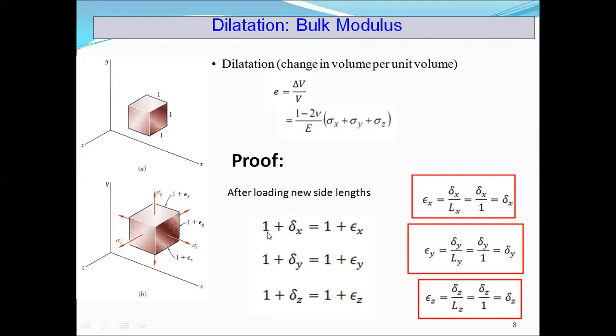So we could write 1 plus delta x is equal to 1 plus epsilon x, 1 plus delta y is equal to 1 plus epsilon y, and 1 plus delta z is equal to 1 plus epsilon z.